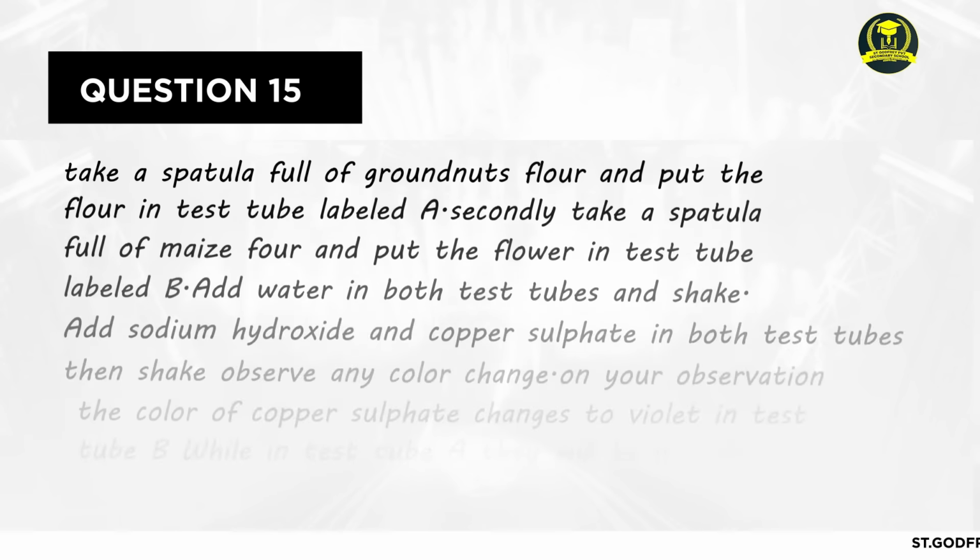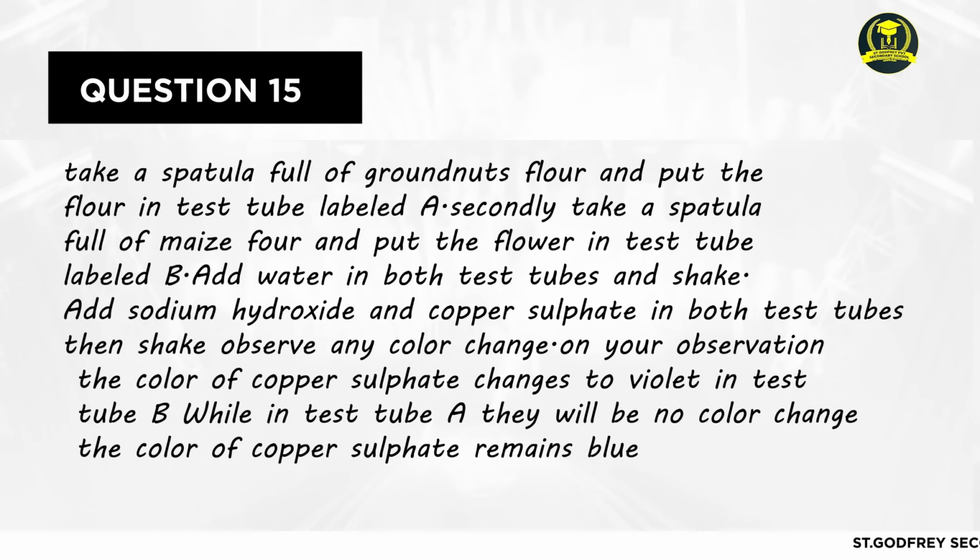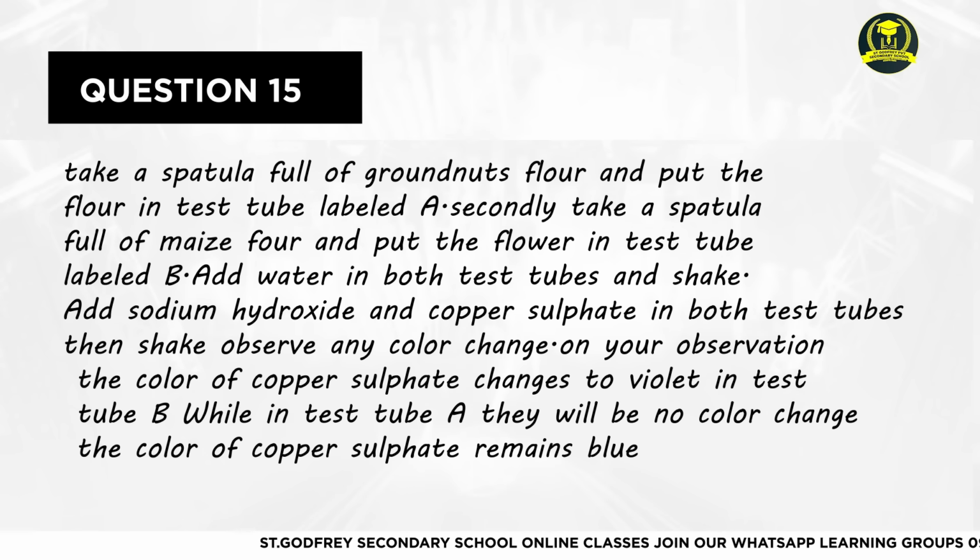Take a spatula full of groundnut flour and put the flour in test tube A. Secondly, take a spatula full of maize flour and put the flour in test tube labeled B. Add water in both test tubes and shake. Add sodium hydroxide and copper sulfate solution in both test tubes, then shake.